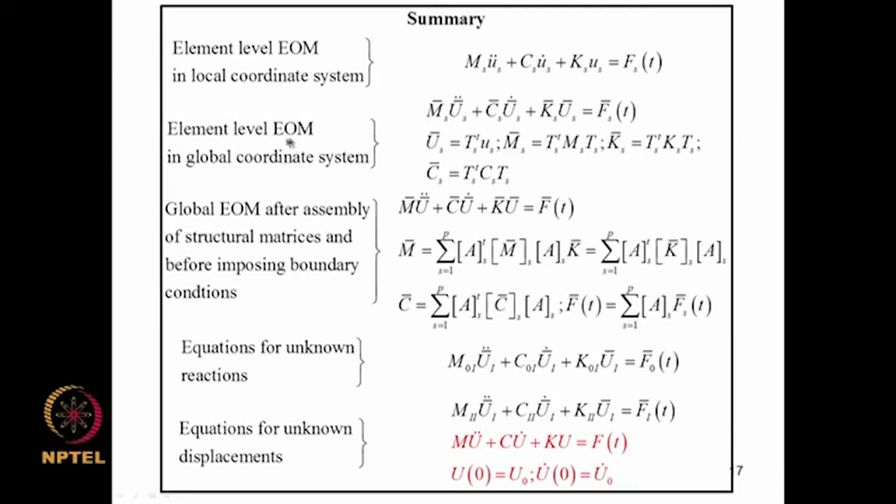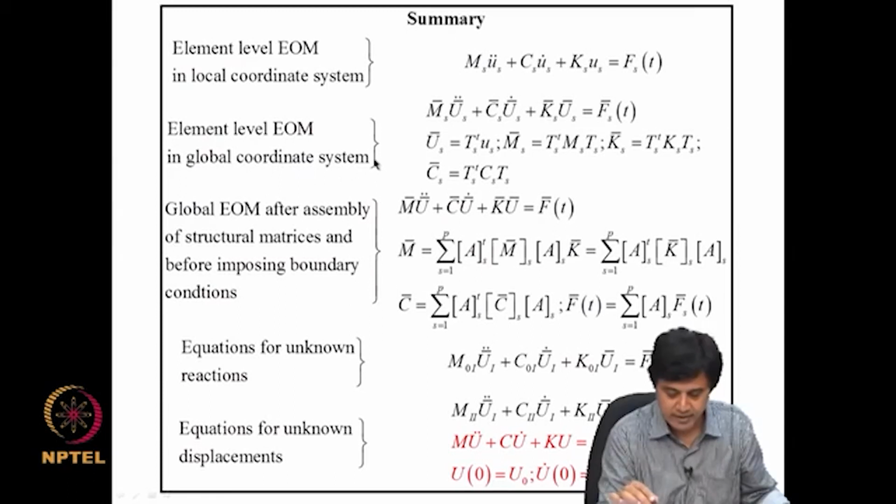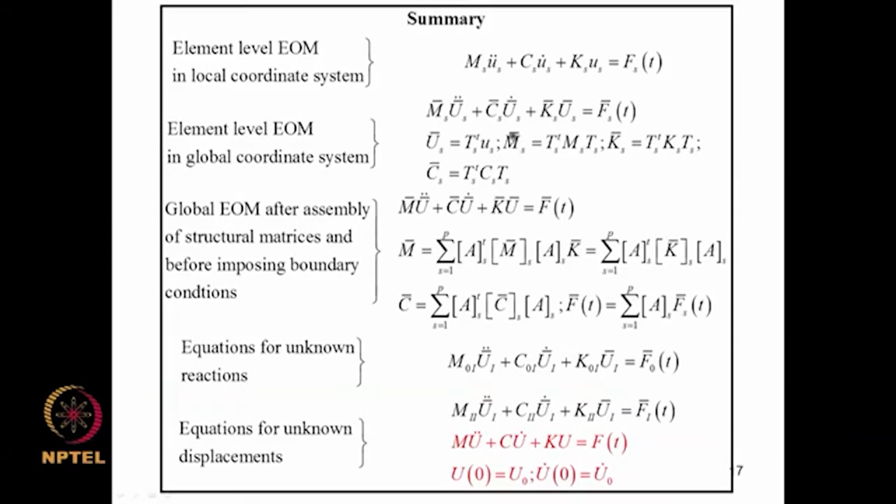Then the element level equation of motion is transformed to global coordinate systems. We developed how displacement, velocity, acceleration and force vectors are all vectors, and they obey certain rules of transformation, and based on that we can construct the transformation needed to form the mass, stiffness and damping matrices in the global coordinate system.